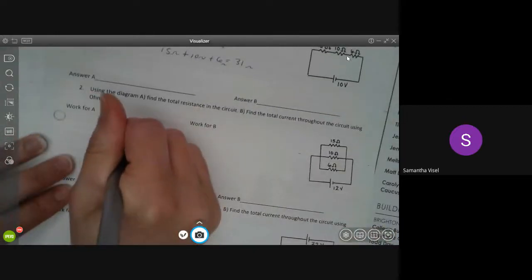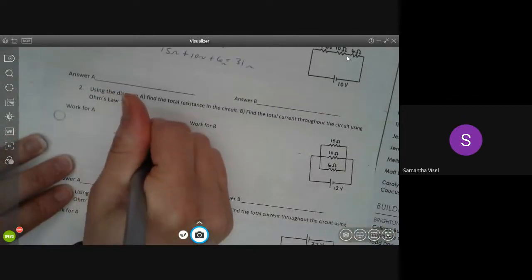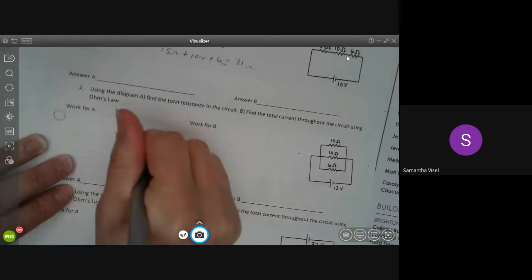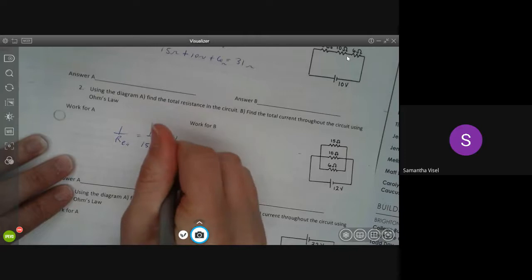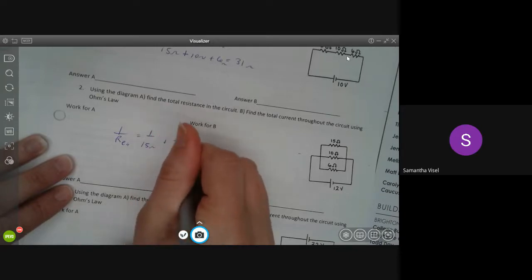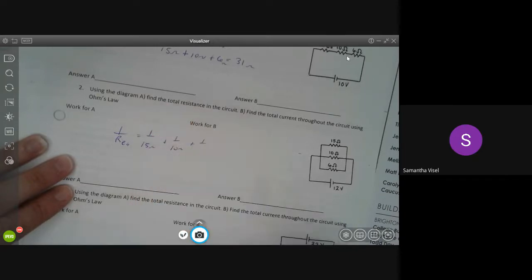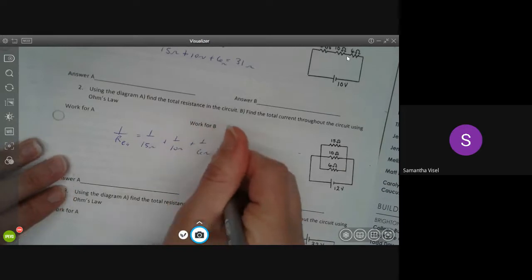In a parallel circuit, they're added a little bit differently. So we take 1 over each individual resistance to find the total. And so I'll take 1 over 15 plus 1 over 10 plus 1 over 6 ohms.